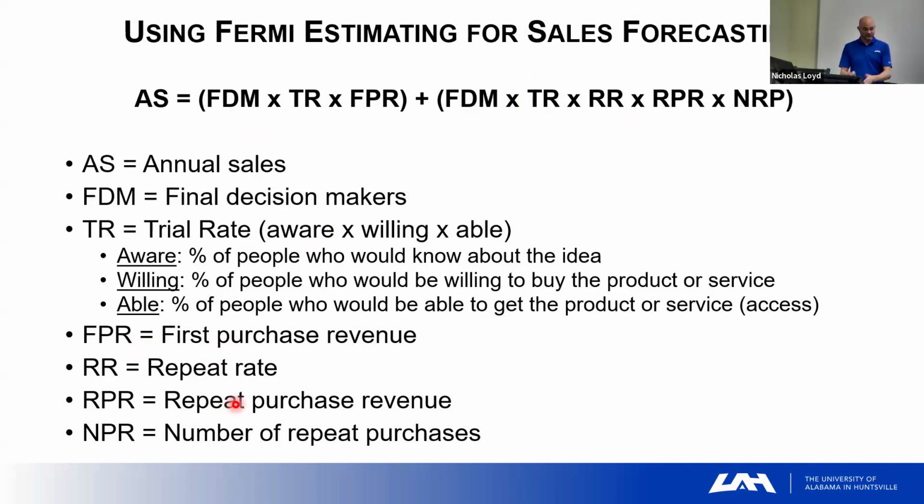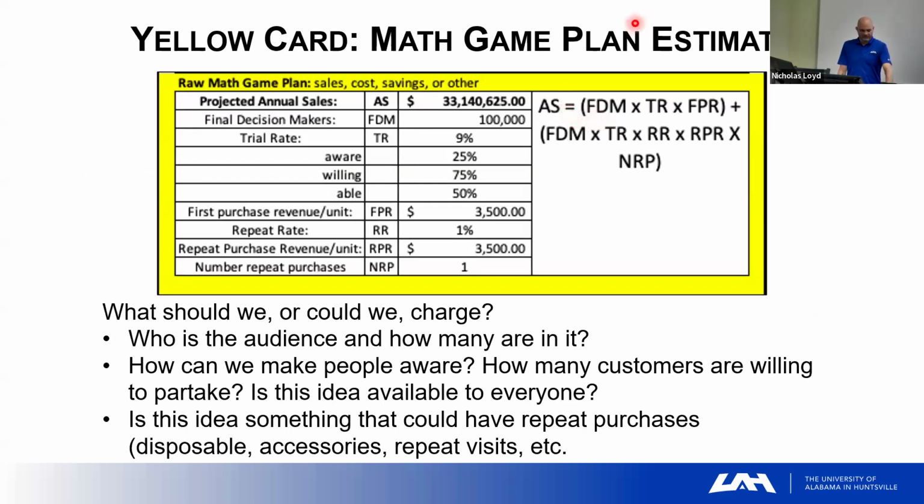In other words, if it's a full second one, then it may be the same as the first purchase. Or if you buy this and then for 25% of the cost over the year, you might need 3 replacement cartridges or something, then you would only count that. And that'll give you an estimate of the first year annual sale.